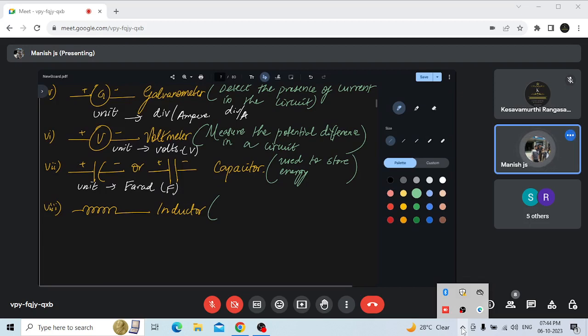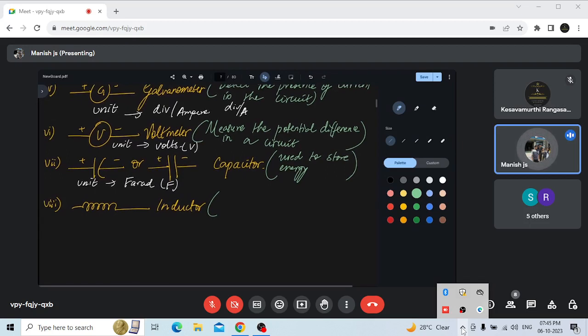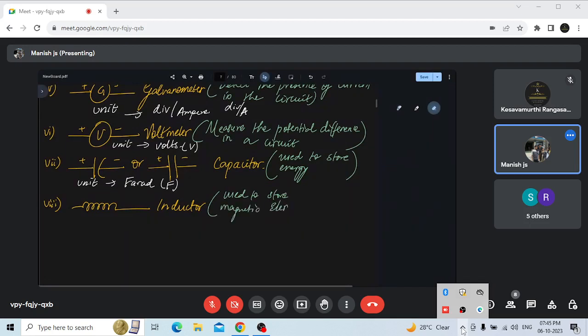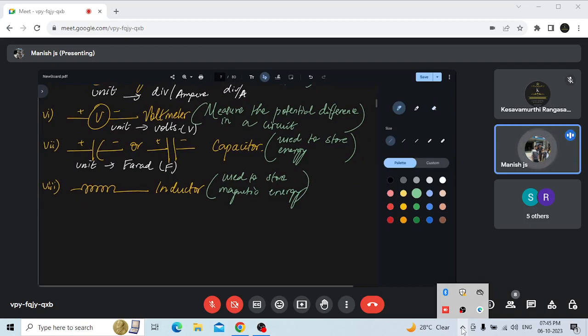When current flows through it, it shows a magnetic field. So we can put it like this: it is a component used to store magnetic energy.